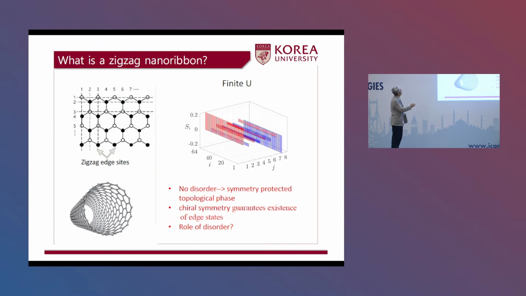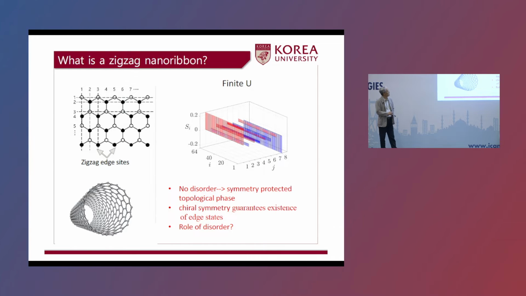And at the opposite boundary, you also have carbon atoms. Now, if you use periodic boundary conditions on the left and right edges, you can transform this planar structure into a cylinder.